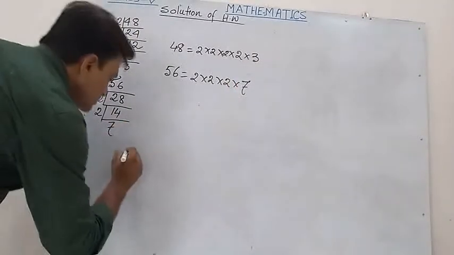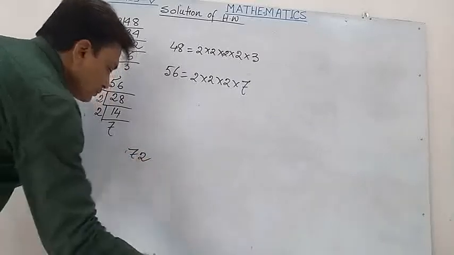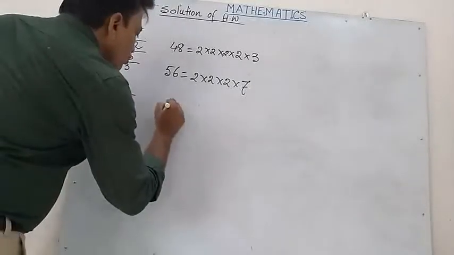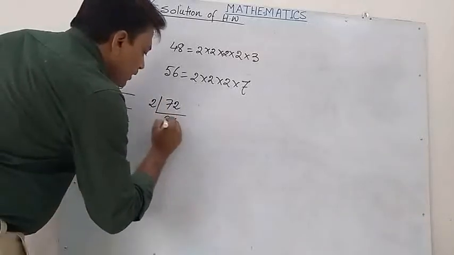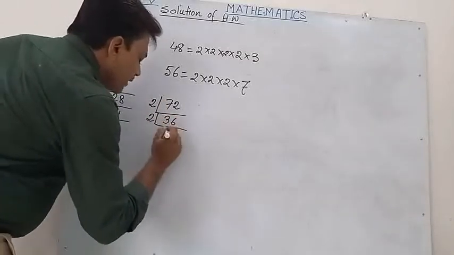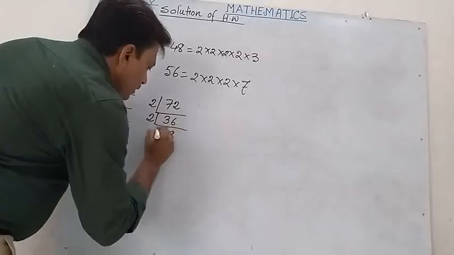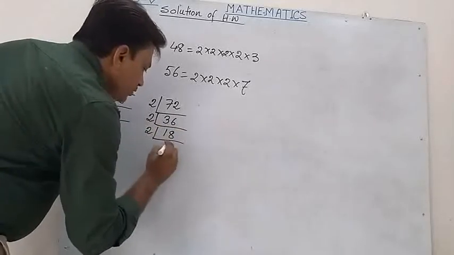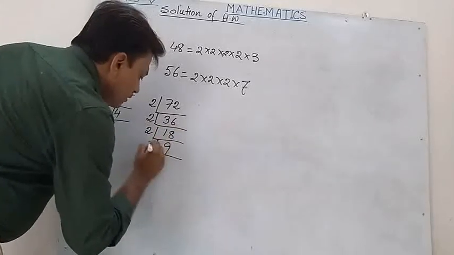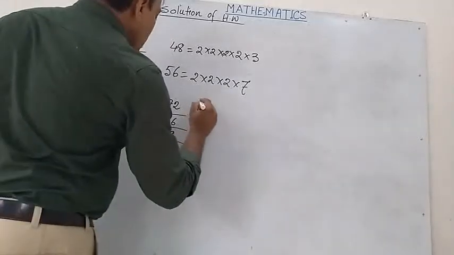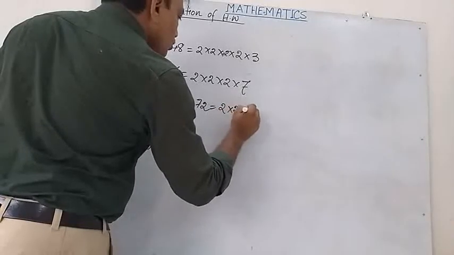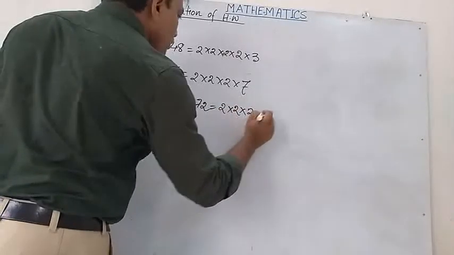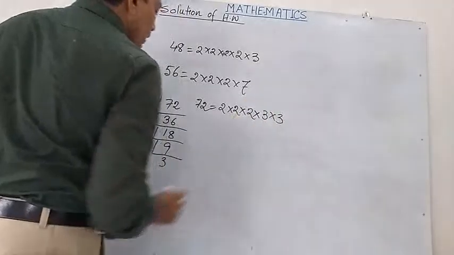Next is 72. If I factorize, 72 by 2 is 36, by 2 is 18, by 2 is 9, by 3, 3. So 72 can be written as 2 into 2 into 2 into 3 into 3.